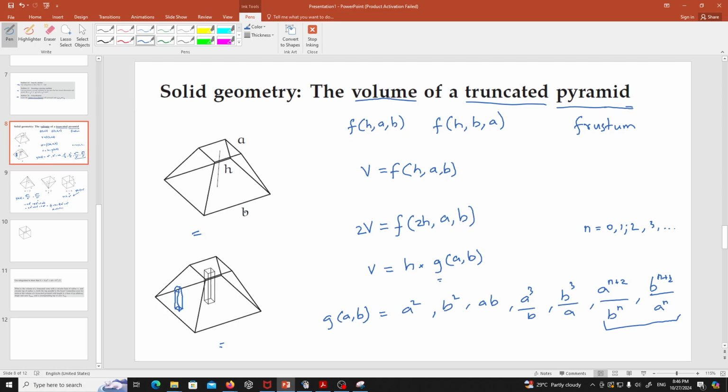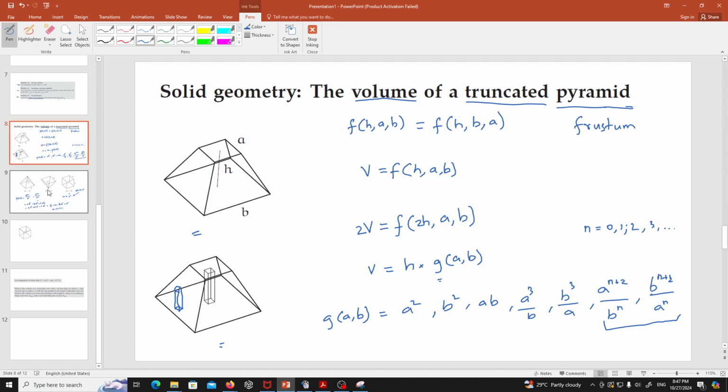Will it be same or different? Actually it will be same. It just means it will give the same volume, because I just flipped the whole truncated pyramid. That's it, isn't it? So for that reason these two things are going to be same.